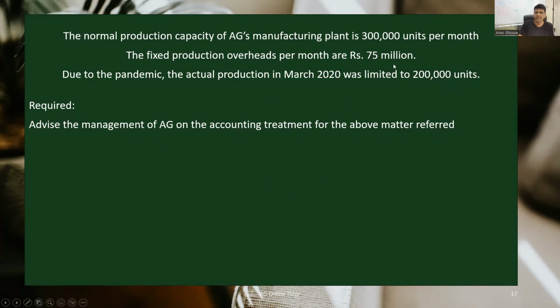Now, as I discussed in the inventory session, I explained that the fixed production overheads should be allocated based on the normal capacity. According to this question, what is the normal capacity?